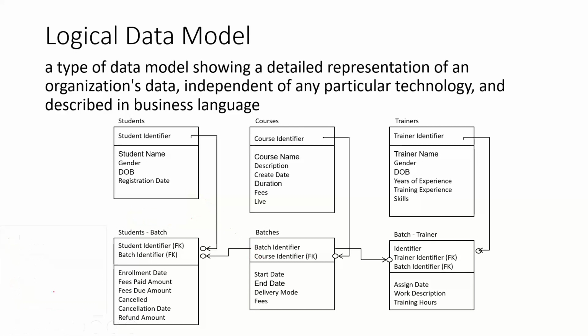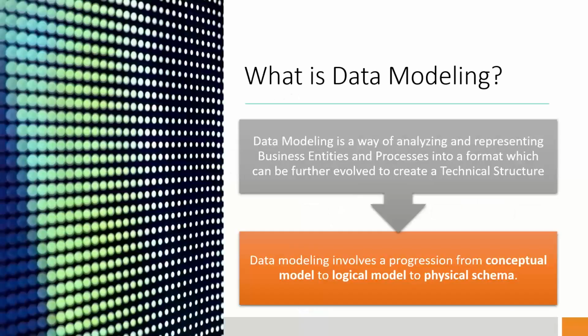Don't worry. And similarly, you will associate a trainer to a batch. Again, you have many to many association between them. So you will again introduce a mapper table. But the point is, at this point, you have to understand that data modeling is a three-step process. You start with a concept, what design you want.